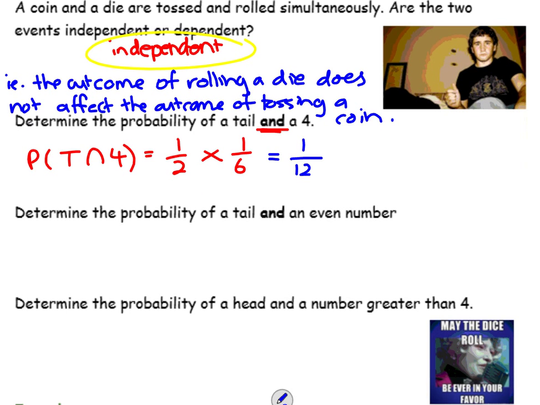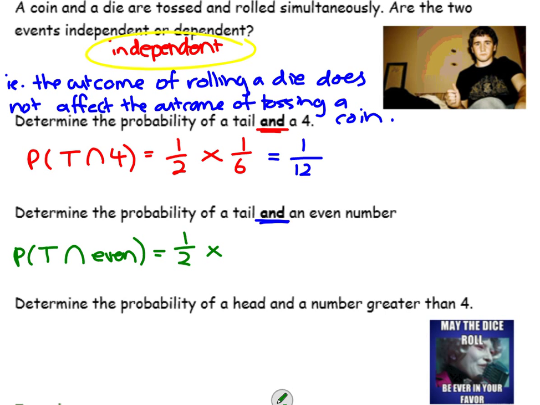Determine the probability of a tail and an even number. So again, it's the probability of a tail intersect an even number. If you want, you can write it like that. So probability of a tail, you know already, that's just 1 in 2. And because it's the intersect, it's probability of and, we multiply.